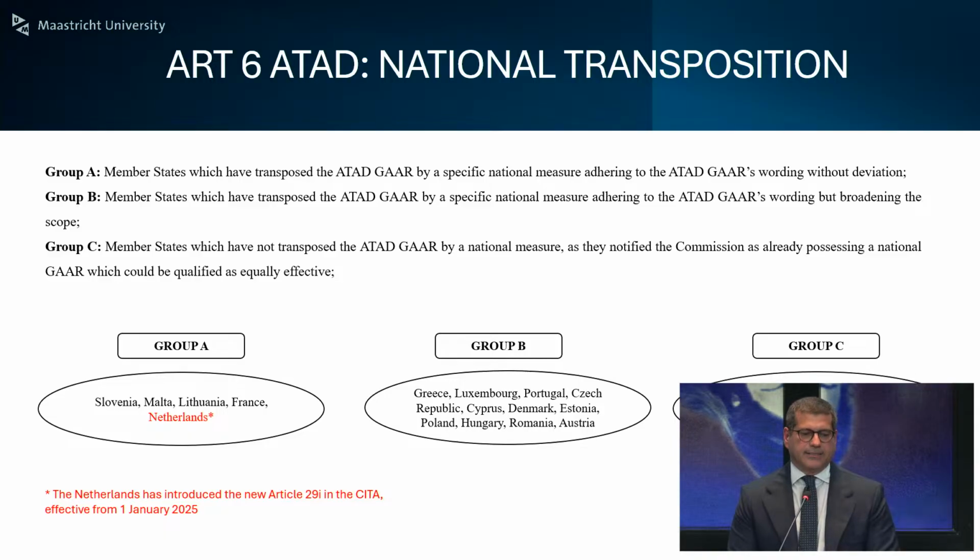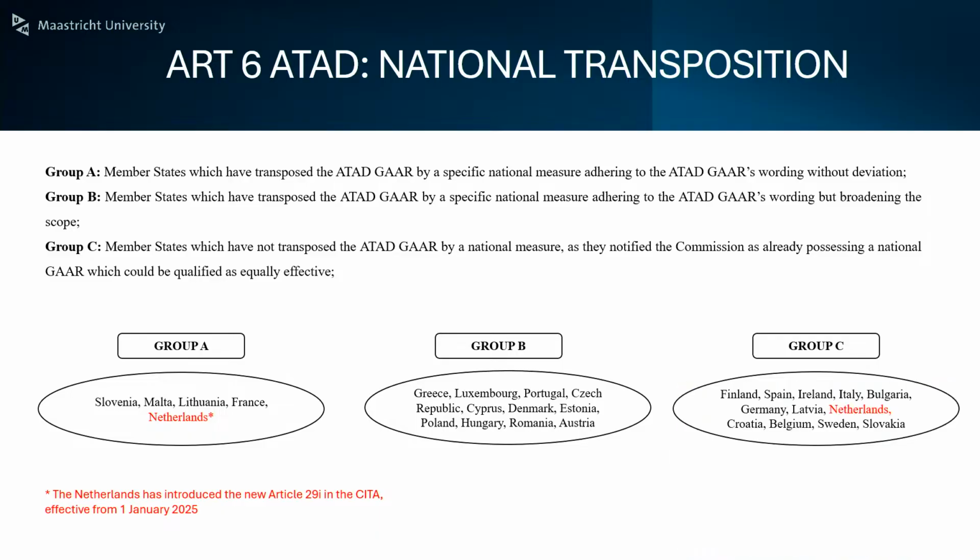By analyzing such methods, I divided the member states into three groups, where group A includes the member states which implemented the provision by a specific legislative act which did not depart from the scope and wording of the original text of the ATAD.